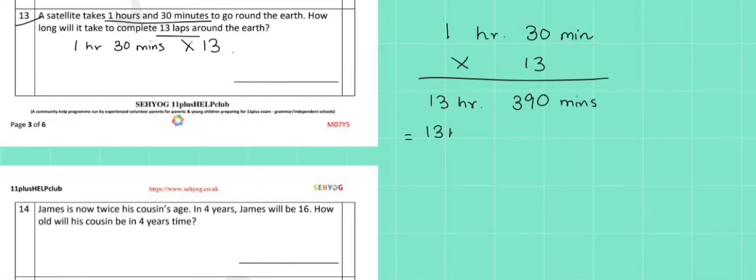Now 390 divided by 60 will give us the number of hours, which gives us 6 hours. 6 hours makes 360 minutes and 30 minutes extra. So 13 plus 6, 19 hours and 30 minutes is our answer.